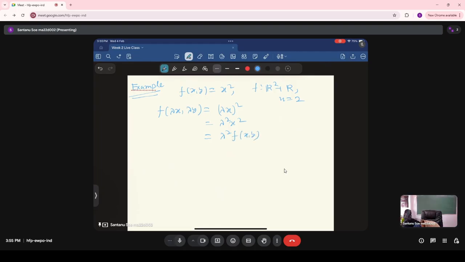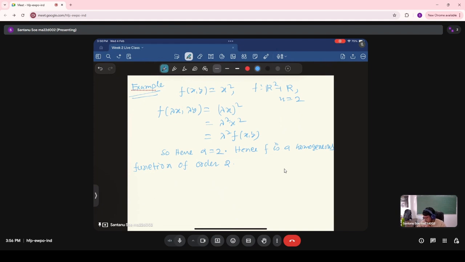So here alpha is 2. Hence f is a homogeneous function of order 2.